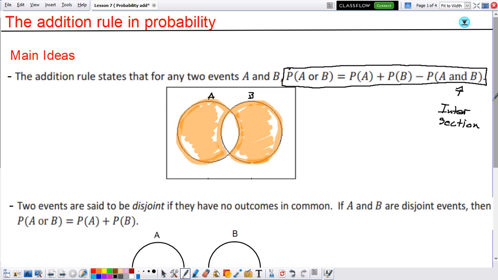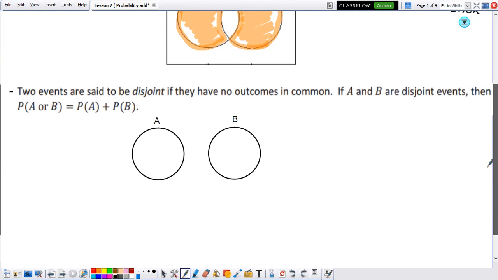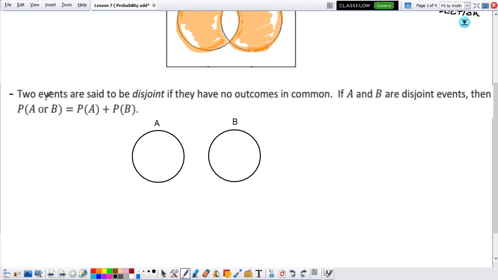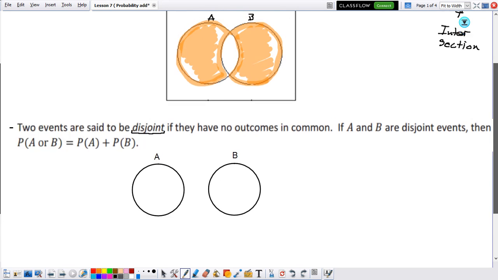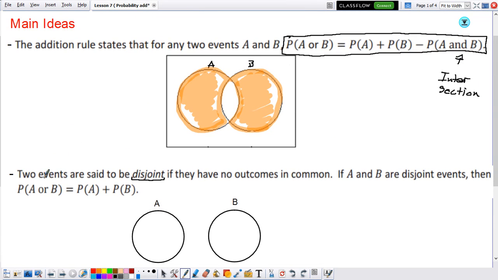Now, we're not going to see it in this video, but I just want to talk about this for a second. There's something called a disjoint event. If two events are disjoint, they have no outcomes in common. So if two events are disjoint and you want to find the OR probability, you don't have to use this big formula.